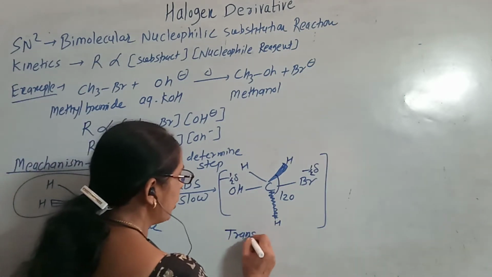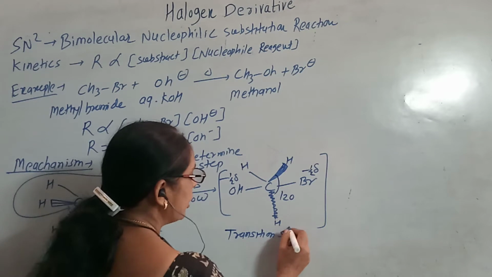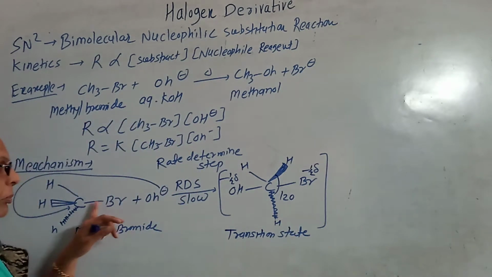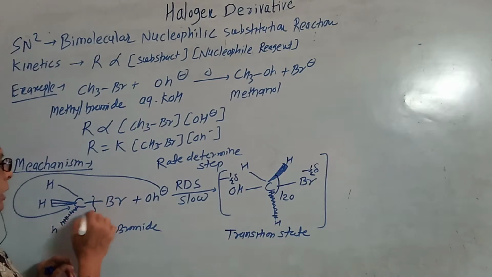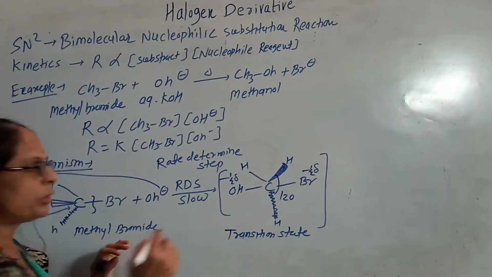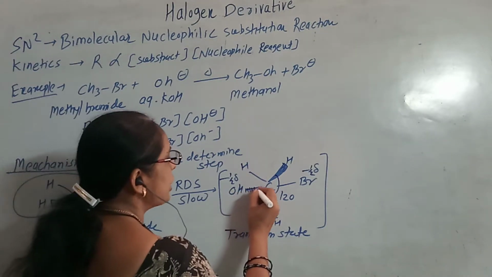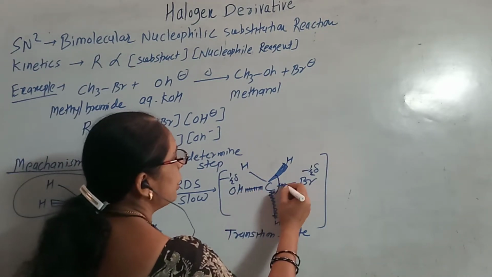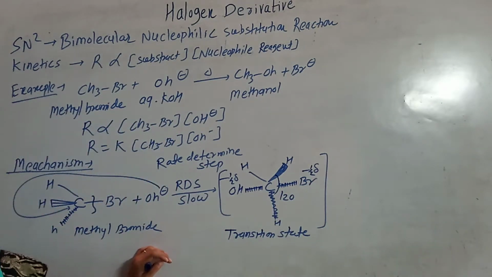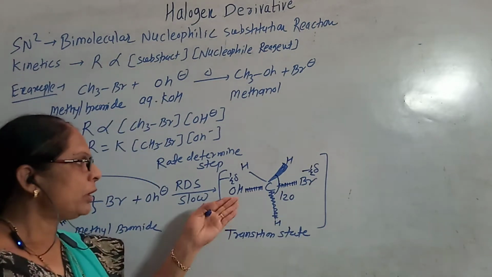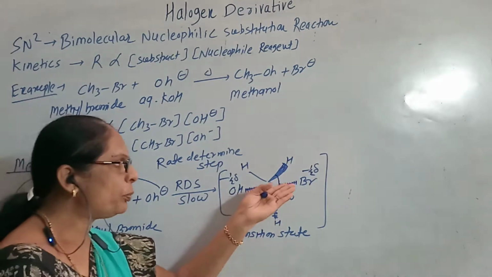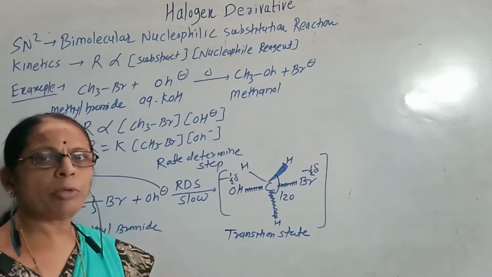So what is the important point in the transition state? Here, in the transition state, the C-Br bond is not broken completely and the C-OH bond is not formed completely. I show here the partial formation of the C-OH bond and the partial breaking of the C-Br bond. Now we know that during the formation of a bond, energy is released, and in order to break a bond, we have to give energy.